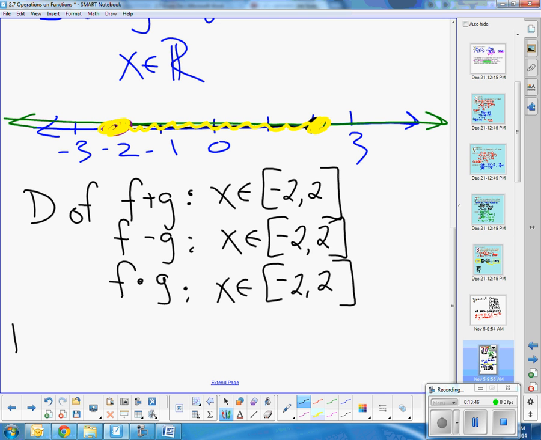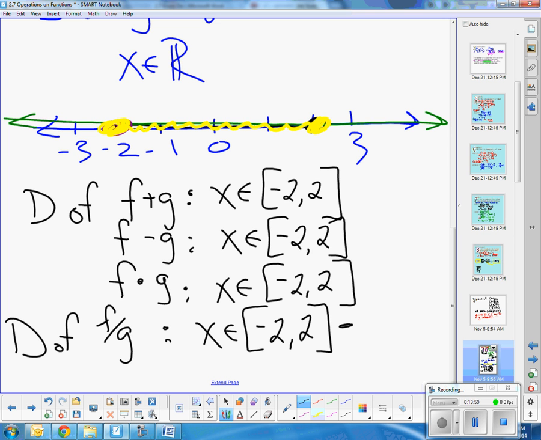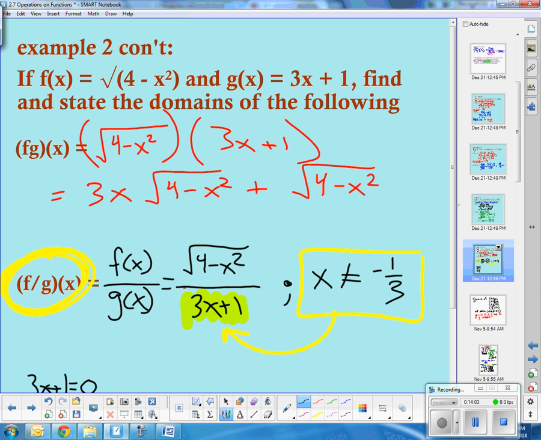Now, I have to be careful on the division, however. The domain of the division is that interval, but you'll recall from our previous work, we removed from that the number -1/3. We said x couldn't be -1/3.